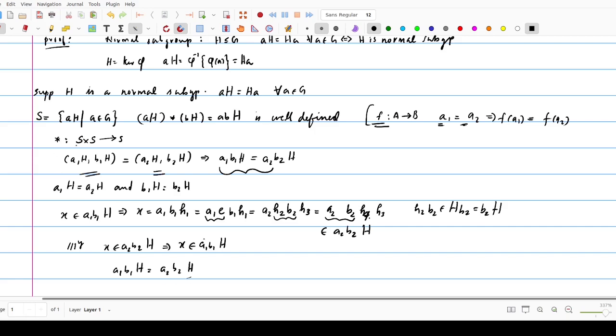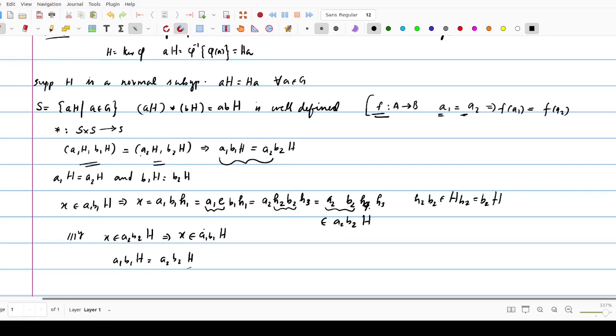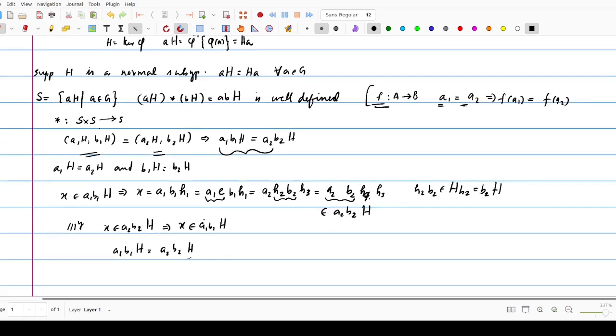So this shows that star is a binary operation. So this is the one inclusion. Whenever H is a normal subgroup, then this operation aHbH equal to abH is well defined, and that can be considered as a binary operation on the set of all distinct left cosets of H in G.